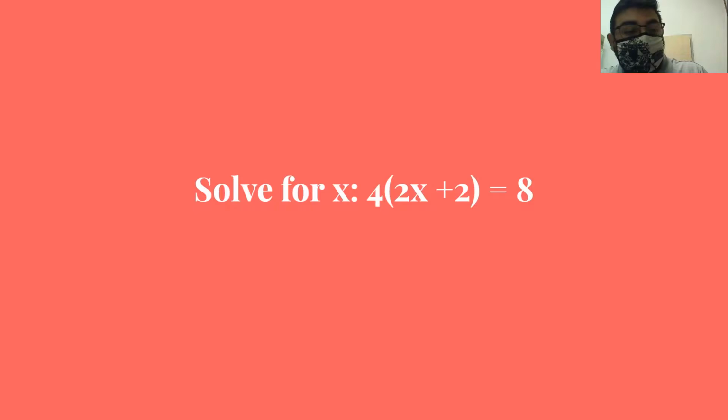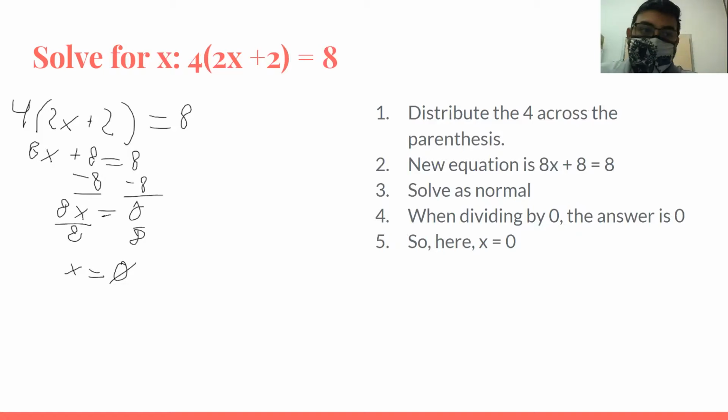All right. Now unpause the video, or if you haven't already, let's go ahead. So 4 times 2x plus 2 equals 8. You want to distribute that 4 across. So 4 times 2x is just 8x. So 4 times 2 is 8, bring the x down, 8x. And then 4 times 2 is 8, so 8x plus 8, because they're two positive numbers, you bring them both down.